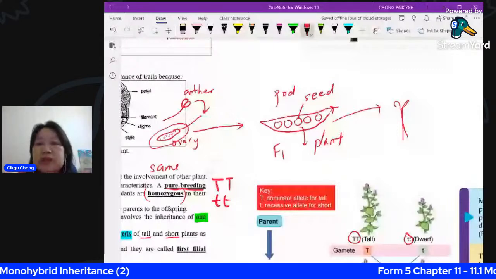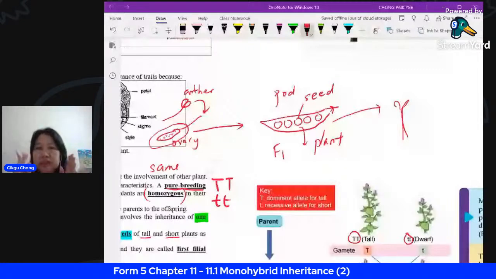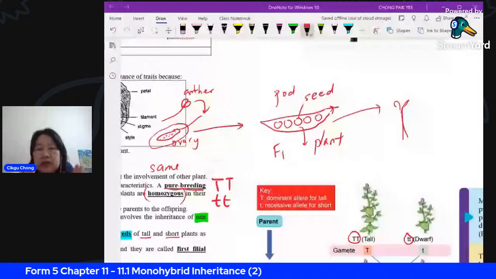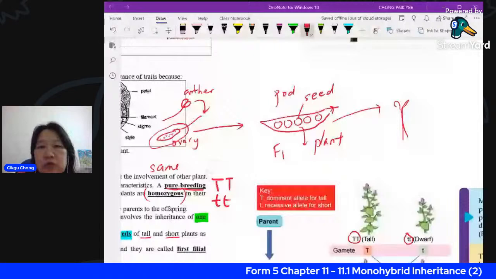Okay, now he didn't stop there. This is your F1. He carried on the experiment until F2, that means the next generation, the grandchildren. So he took the F1, whatever plant there is, and did self-pollination.